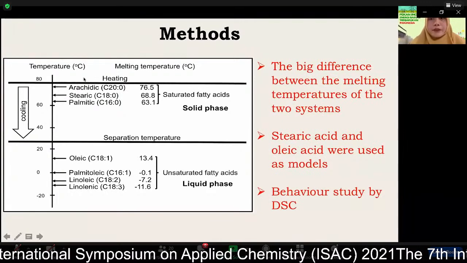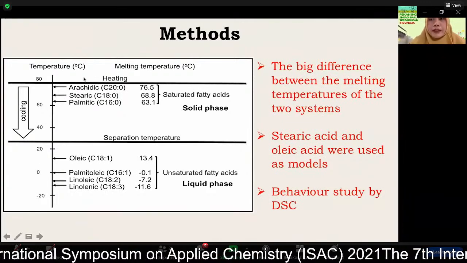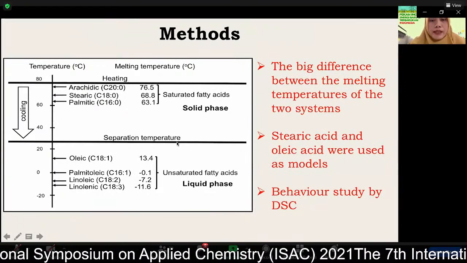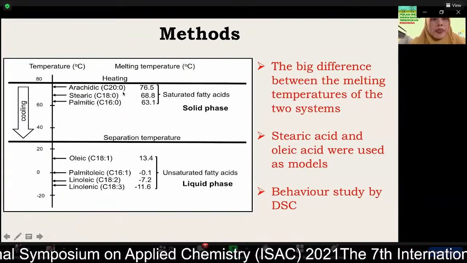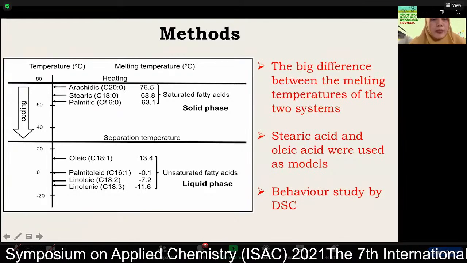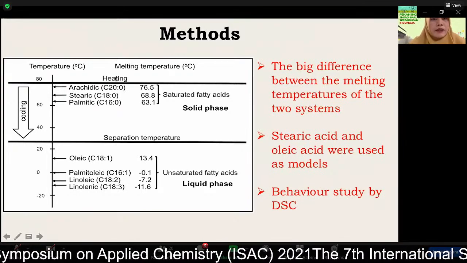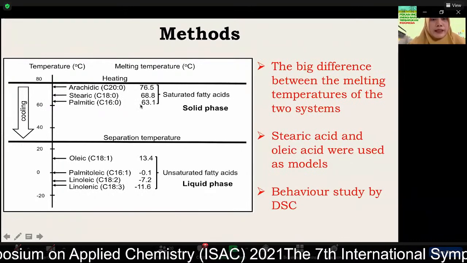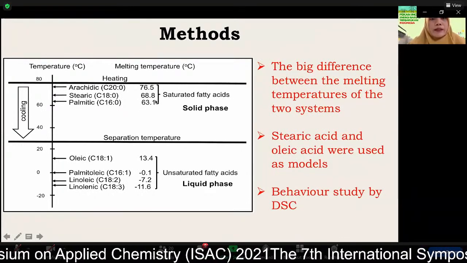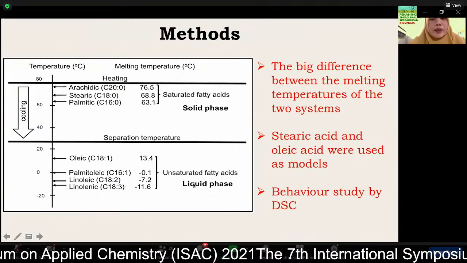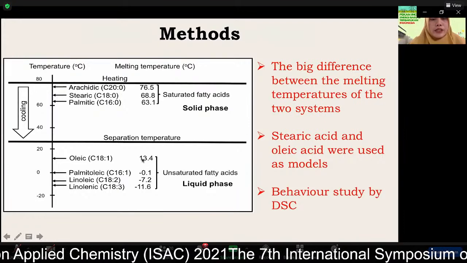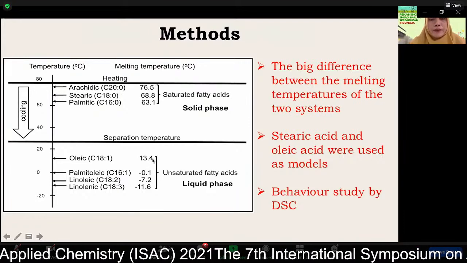Here is the method for separation. There is a big difference between the melting temperatures of the two systems, SFA and USFA. In SFA, the lowest melting temperature is palmitic acid, 63.1 degrees C. And in USFA, the highest melting temperature is oleic acid, which is 13.4.